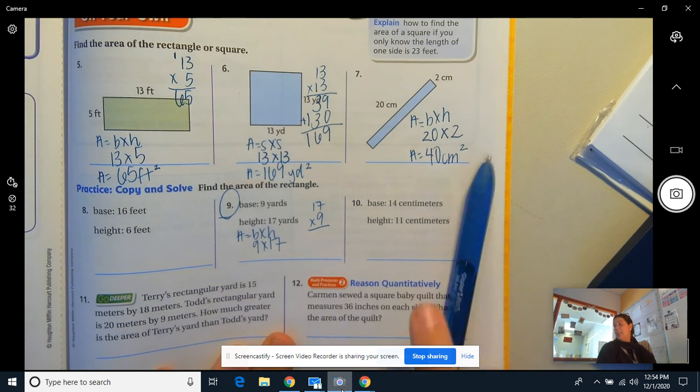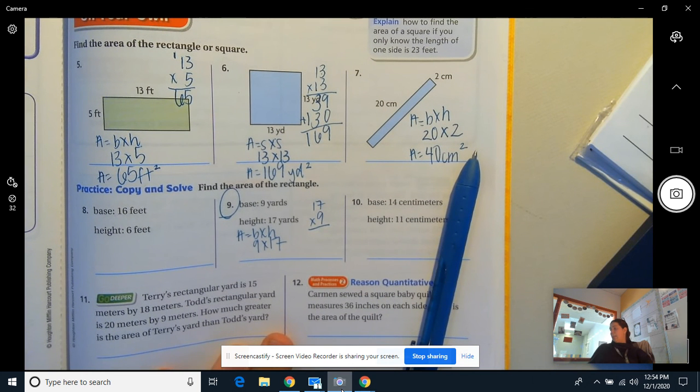If you know what 17 times 9 is, comment in the chat with the letter K.